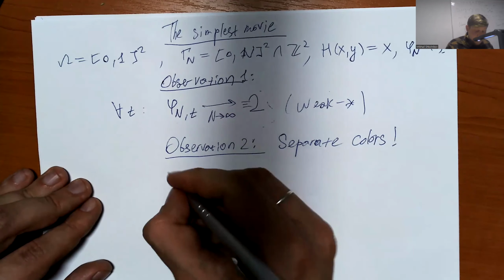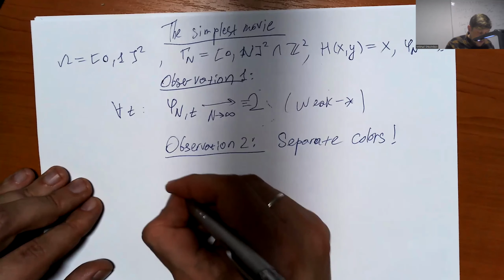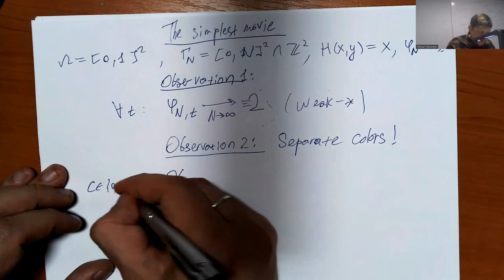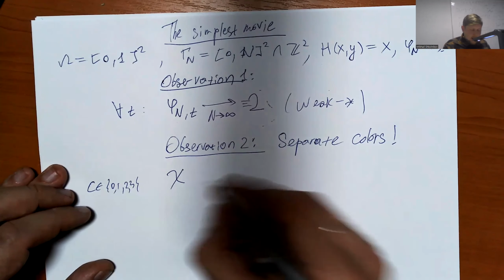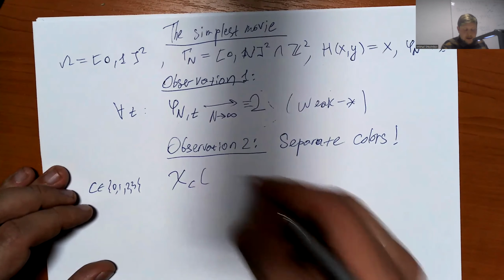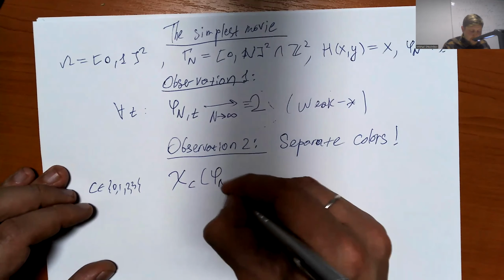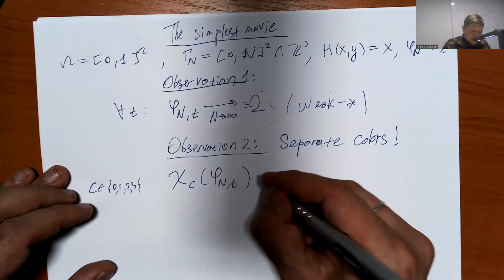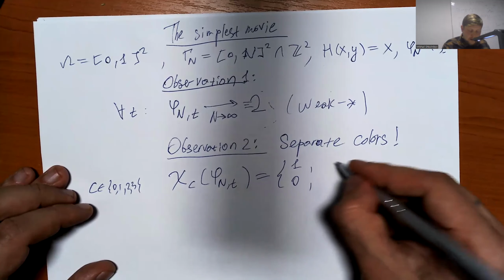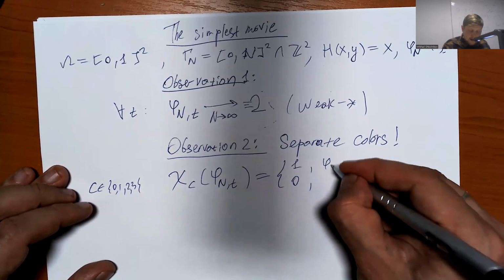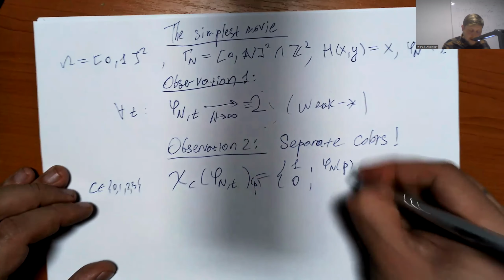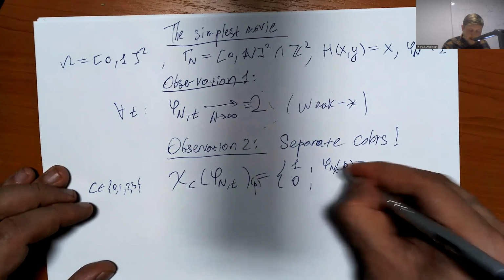So what do I mean by that? If I fix a value c from 0, 1, 2, and 3, I want to define a characteristic function of that color on a particular state, which means that it's just 1 or 0, and it gives 1 exactly when phi n at some point p has the value exactly c.